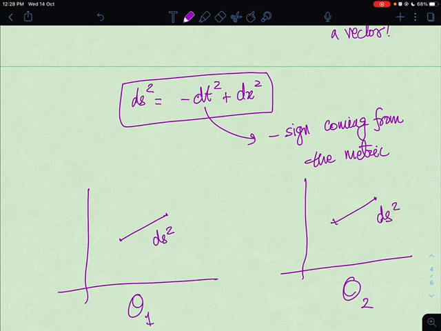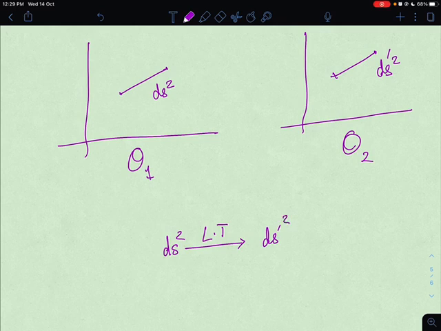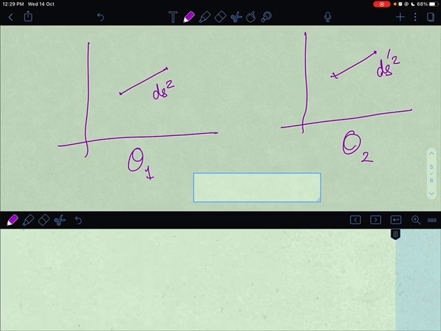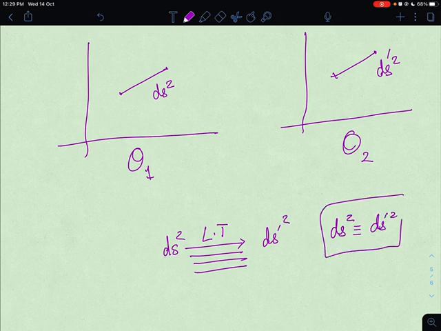Under Lorentz transformations, the definition of the Lorentz transformations is that ds square and ds prime square should be equivalent to each other. So ds square doesn't change under Lorentz transformation. Any transformation which leaves it invariant is a Lorentz transformation, so ds square is invariant under all Lorentz transformations, or in any frame of reference.